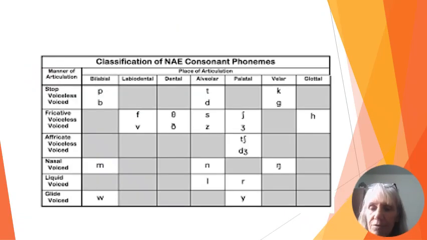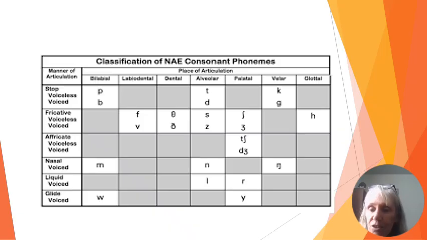So these consonant phonemes, or consonant sounds, are classified in three ways. They're classified by where the sound takes place, which we call the point of articulation, how the sound is made, and also if they are voiced or voiceless.